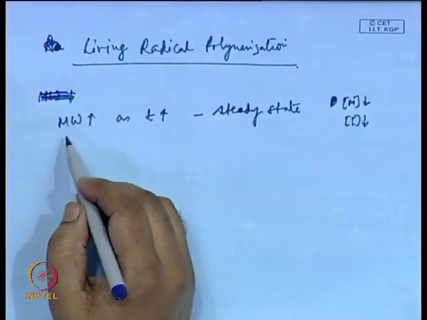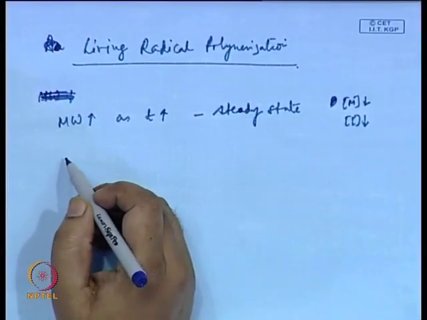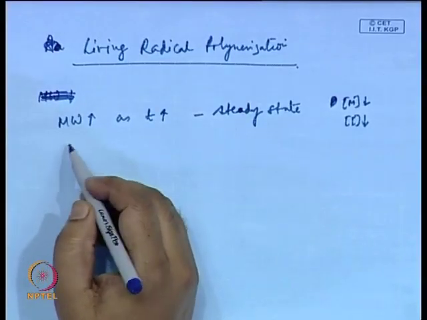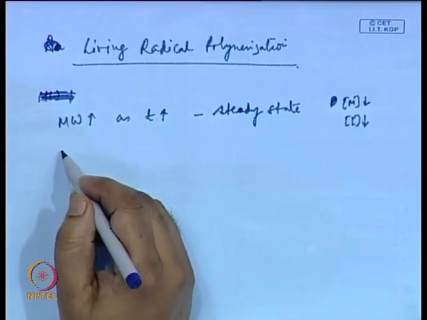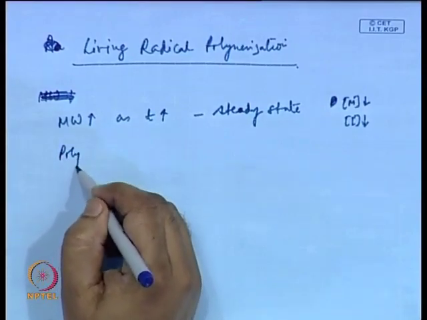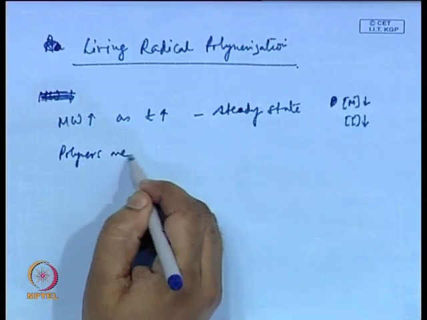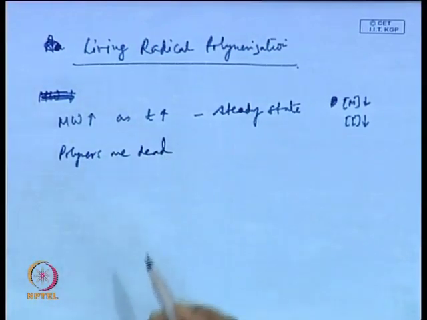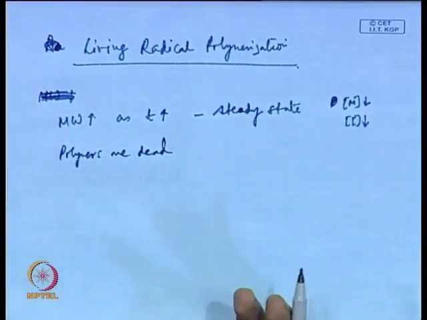It is also true for normal radical polymerization that the polymers are dead, which means that once the polymerization is complete, you cannot take these polymers and add a second monomer to make a block polymer.